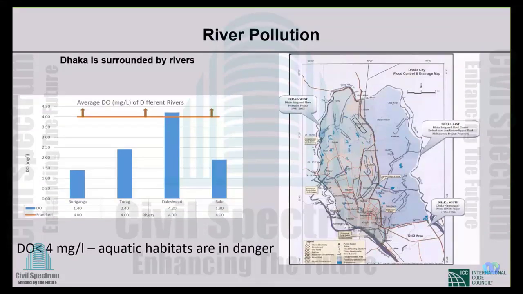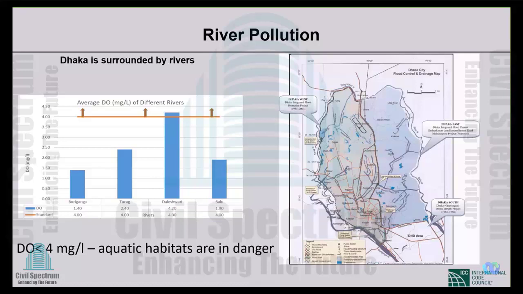There are many parameters under which aquatic life cannot survive. If there is no dissolved oxygen in the water, it will die. The standard for dissolved oxygen is 4 ppm.